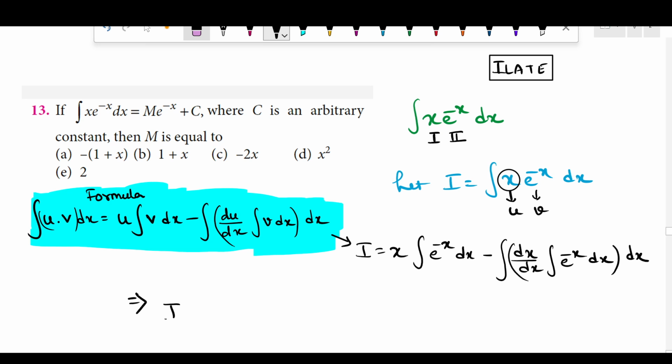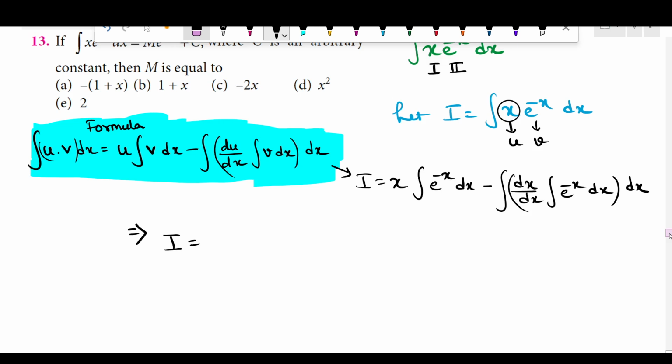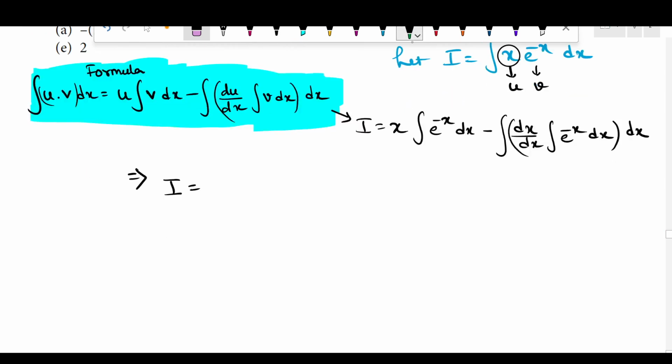This would imply that your integration is equal to x times the integration of e to the power minus x, which is e to the power minus x by minus 1. How? See here. Integration of e to the power ax dx is equal to e to the power ax by a, plus c.